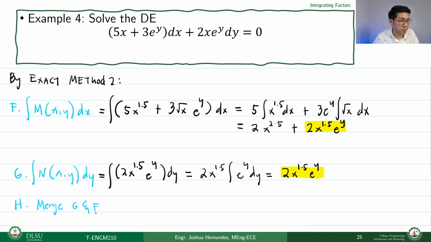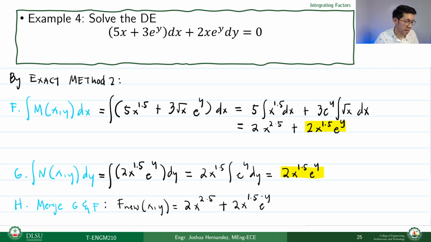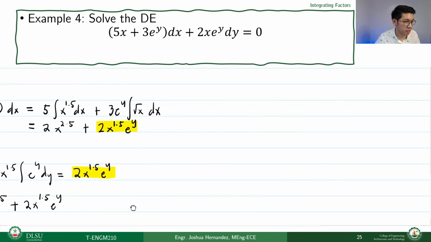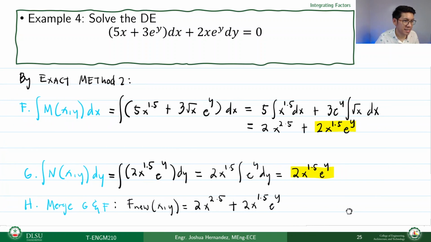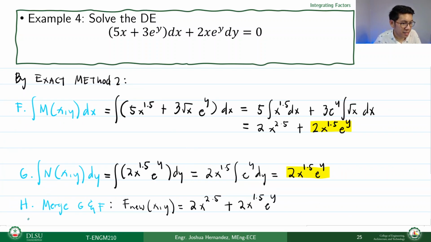We will have f of x,y equals 2x raised to 2.5 plus 2x raised to 1.5 e to the y. All right. And of course, finally, step I: form the general solution.